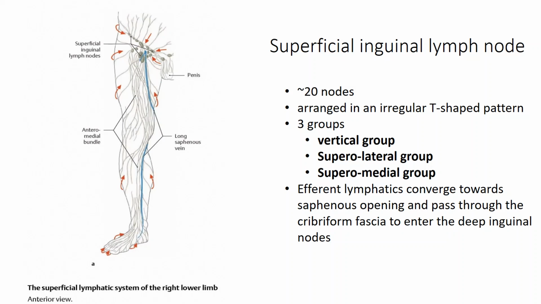That's why it is sieve-like, with multiple perforations, because lymphatics pass through along with the vein. These lymphatics enter mainly the external iliac lymph nodes, and some of them even enter the deep inguinal nodes. So this is about the superficial inguinal nodes. They are palpable when there is inflammation or some pathology in their drainage area.